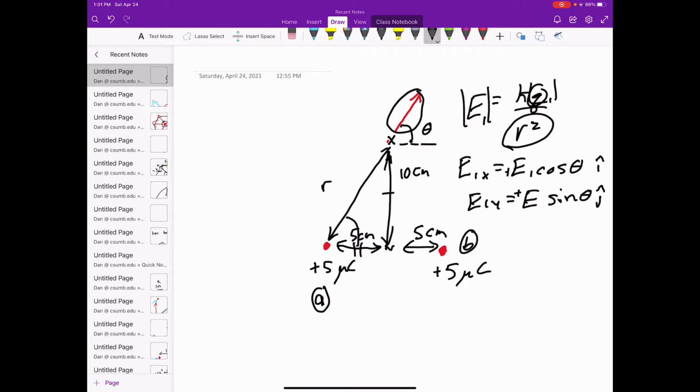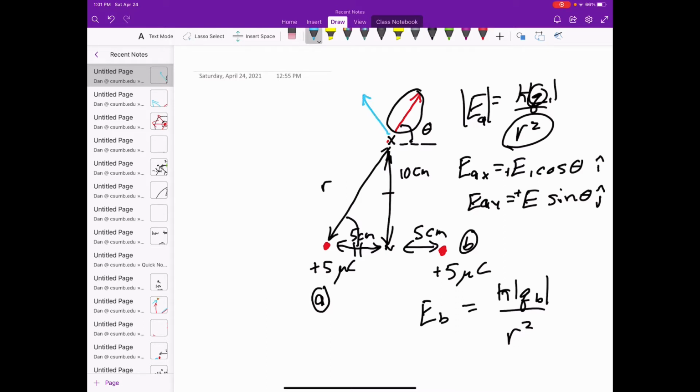Then for E2 or EB, I guess, is how it's worded in the problem, it would be the same calculation, k times QB or Q2 over R squared. And that would be this arrow here, I'll draw it in blue.